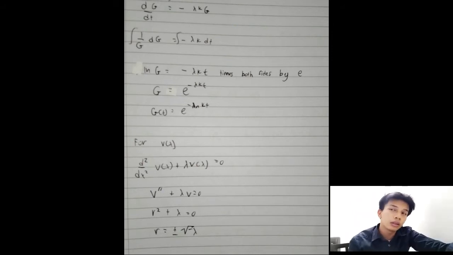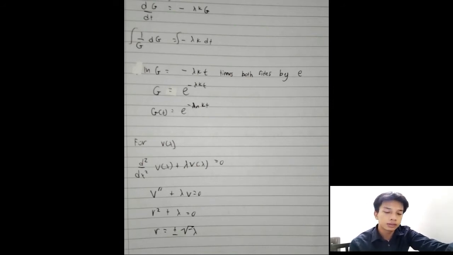The result gives ln g = -λkt. To solve this, we take the exponential of both sides, which gives g = e^(-λkt).